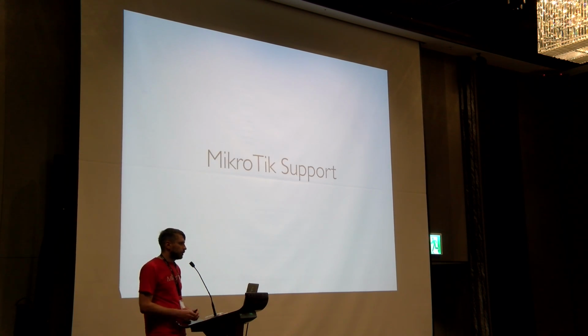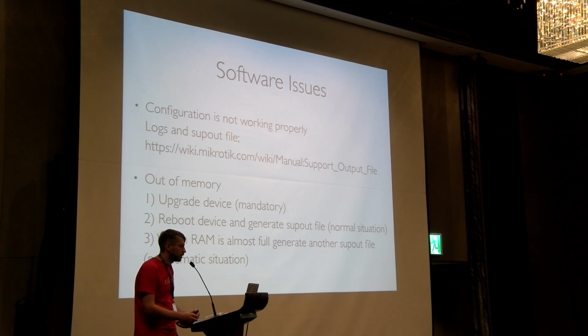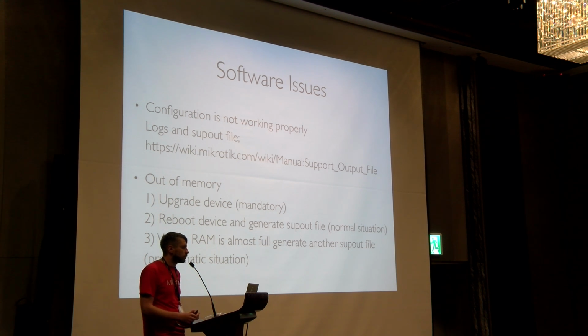If that didn't help, or you think that your issue is related to a software bug, you can contact us. And for a software issue, we are asking for a support output file.